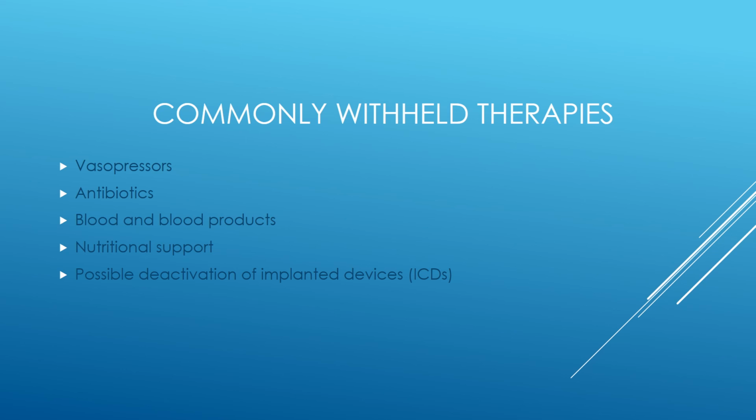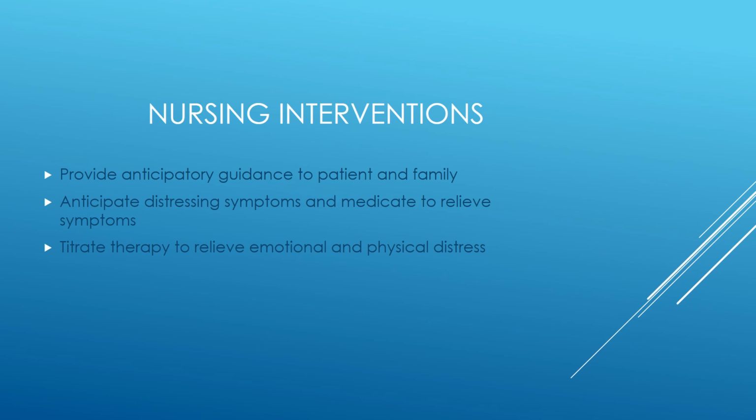Some commonly withheld therapies: vasopressors, antibiotics, blood and blood products, nutritional support, and possible deactivation of implanted devices. Nursing interventions: provide anticipatory guidance to patient and family, anticipate distressing symptoms and medicate to relieve symptoms, titrate therapy to relieve emotional and physical distress. Make sure you let family know how this process is going to go.